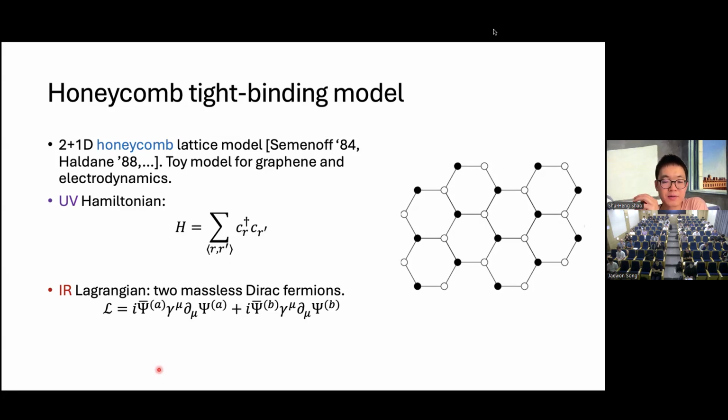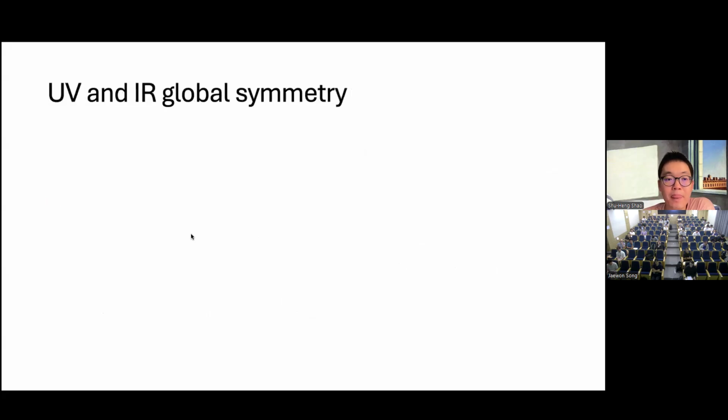This model is not a problem because there are other ways to fix it, but let me just say that the very naive nearest neighbor Hamiltonian, the one given here, will give you two massless Dirac fermions rather than one. And I'll say more about why that is the case. But this is a well-known fact. I think this is something everyone learns in solid state physics.